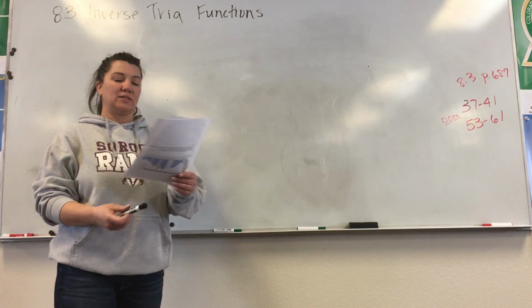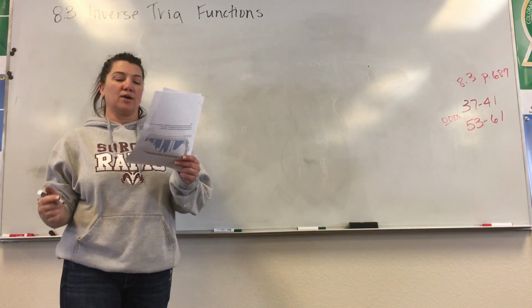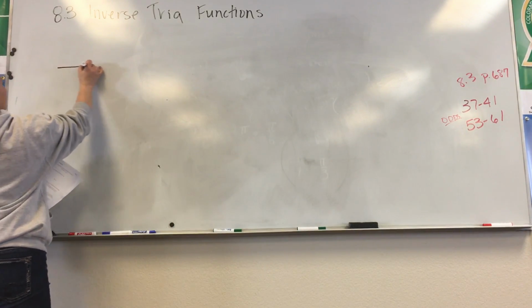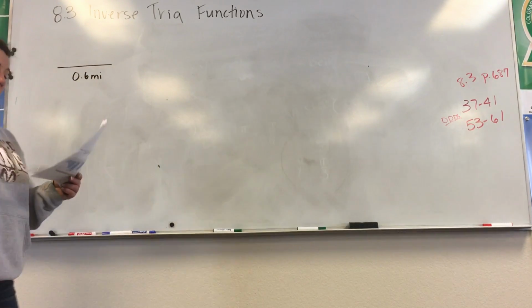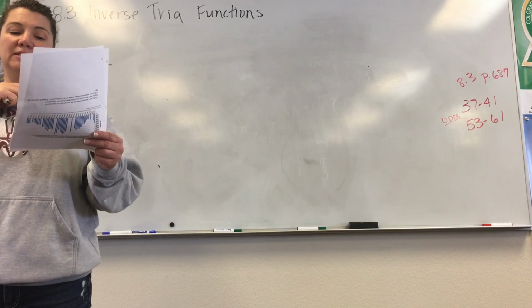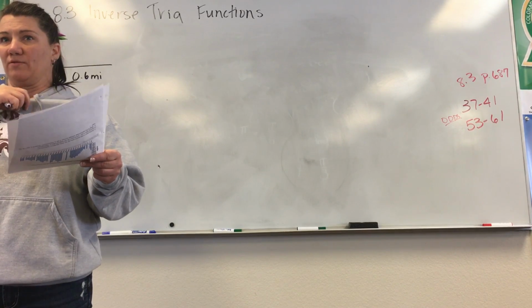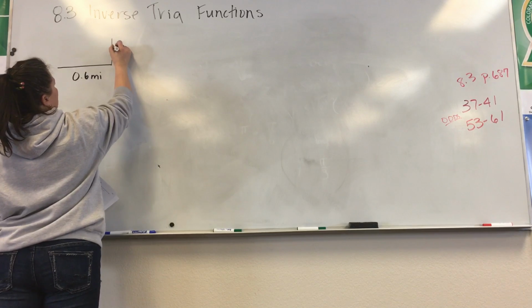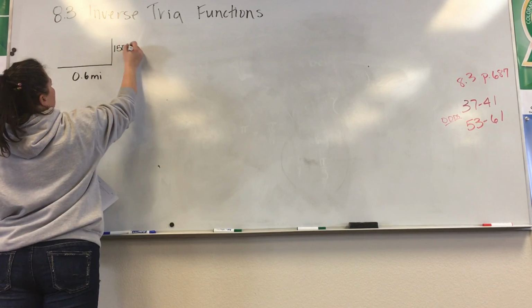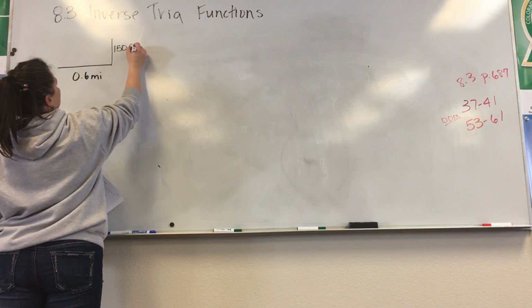Suppose you drive 0.6 miles on a road, so that the vertical distance changes from 0 to 150 feet. So here's the vertical distance. This is not to scale, clearly.